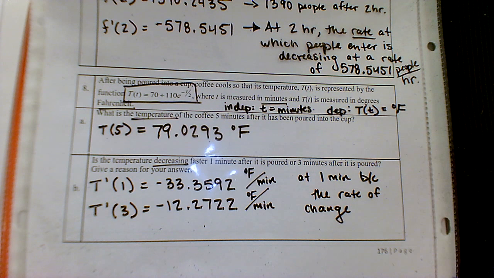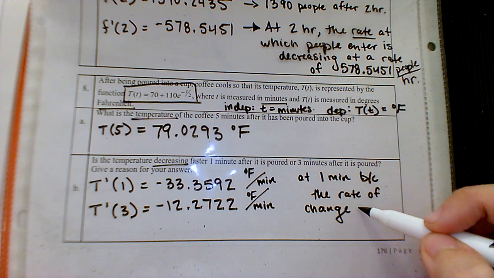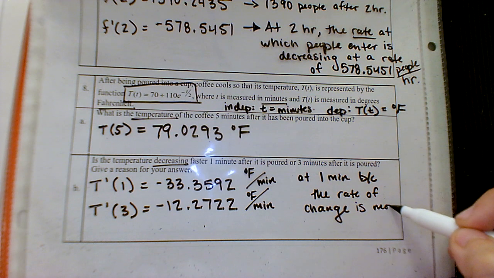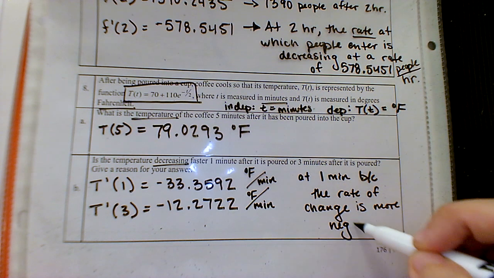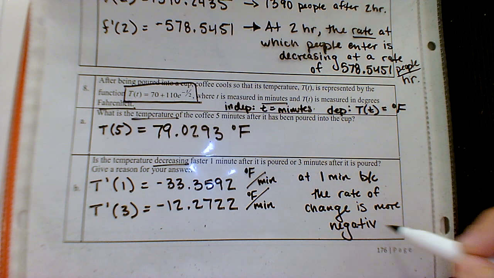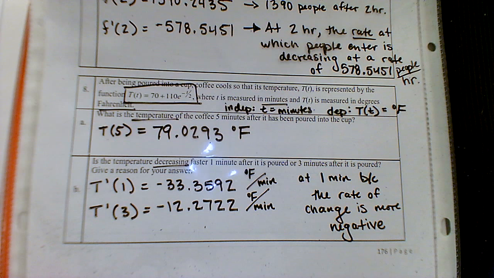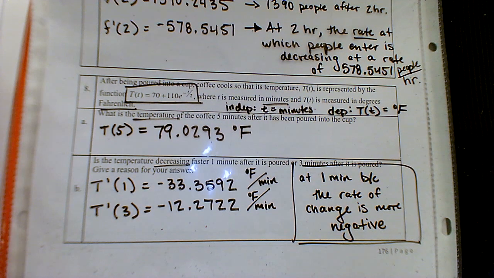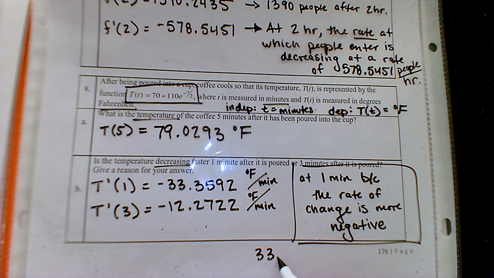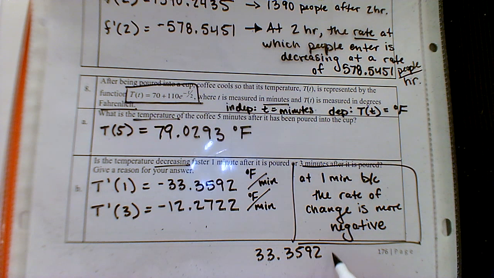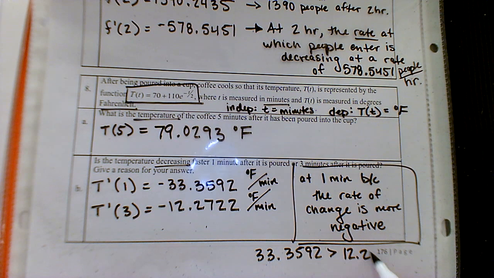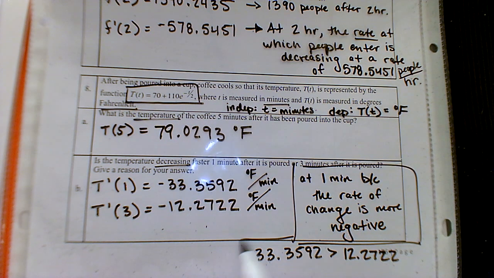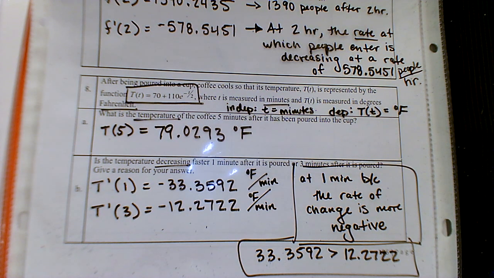So at 1 minute, because the rate of change is more negative. Okay, decreasing faster, that's fine. We'll say 33.3592 is greater than 12.2722. You could say that. Either one of those is good.